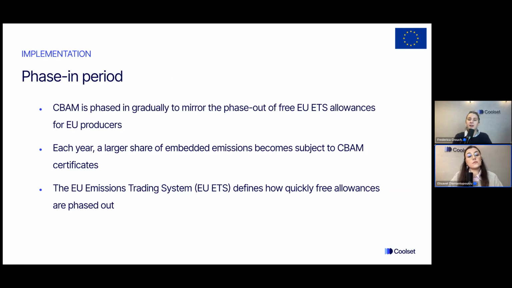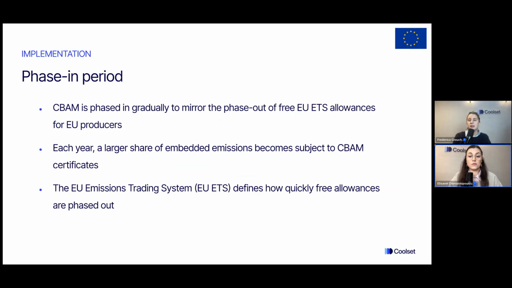So it's phasing gradually to mirror the phase out of free EU ETS allowances for EU producers. What this means is that currently free allowances exist to protect EU producers in sectors such as steel, cement, and aluminium from international competition.